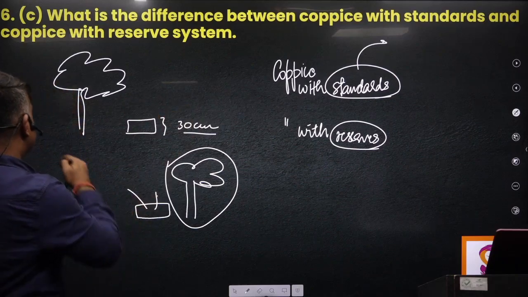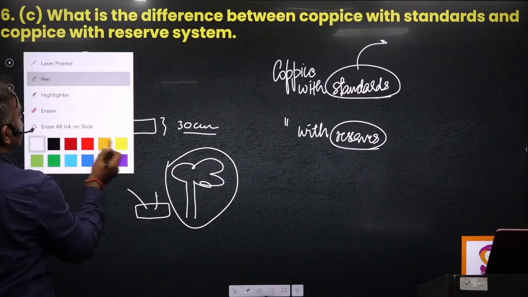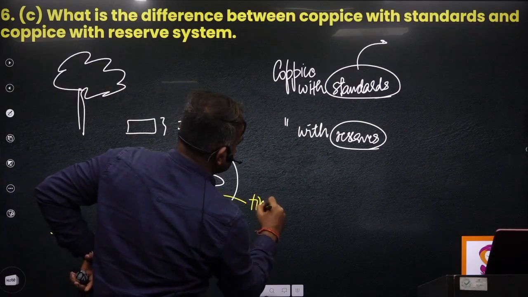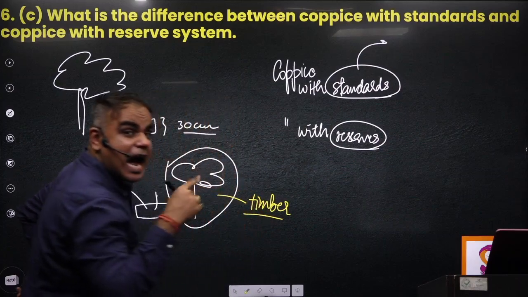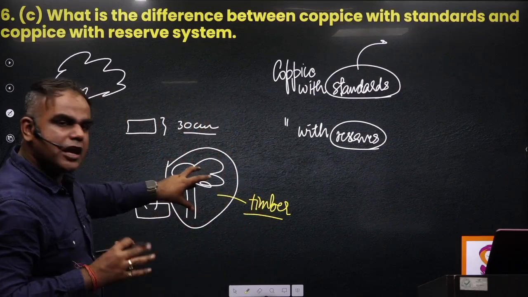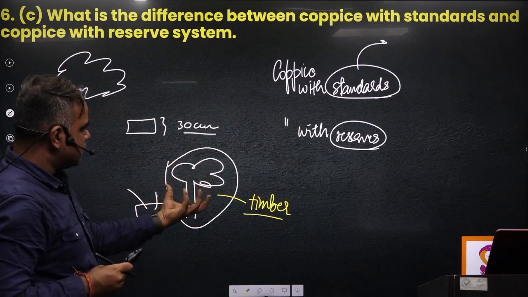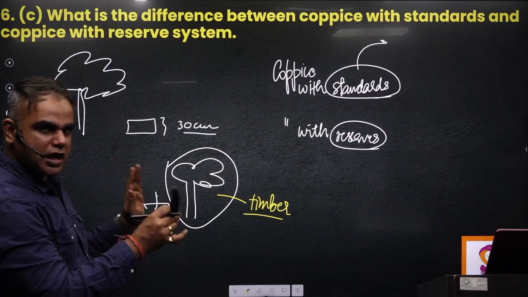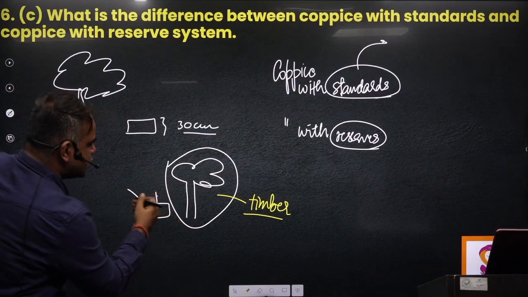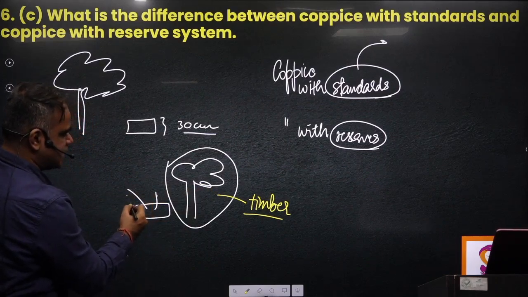Standard will help you maximize the timber production. So economic yield will be high. These are superior, good. So some tree varieties you will not harm or touch, whereas the other ones we will put a cut or the coppice.